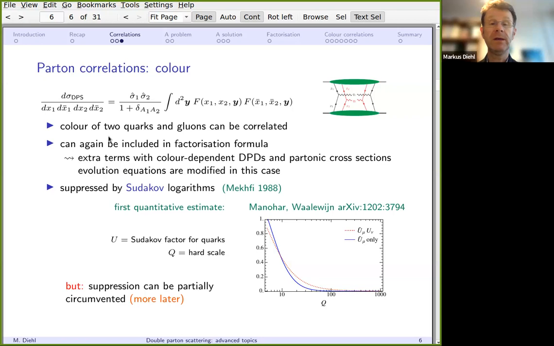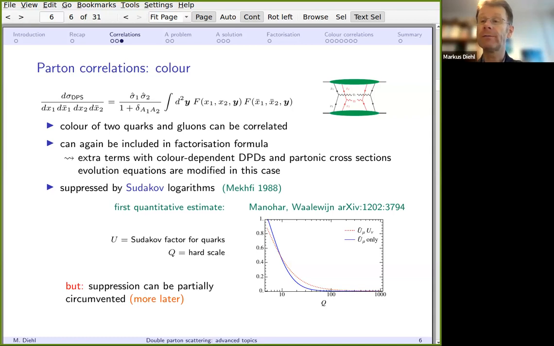Now, we will see later, hopefully, that if you include this color dependence in the DPDs, then the evolution equations are modified. And they are modified in several interesting ways, and we'll see that. Very important from the practical point of view is that the case where the color of these partons is correlated, by that I mean it's not summed over individually, the contribution of that to the cross-section is suppressed by Sudakov double logarithms.